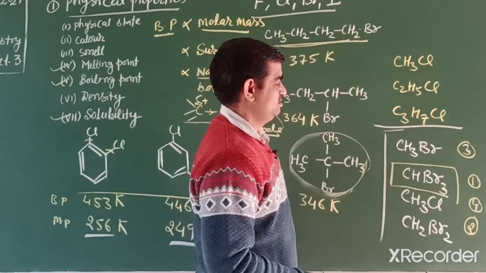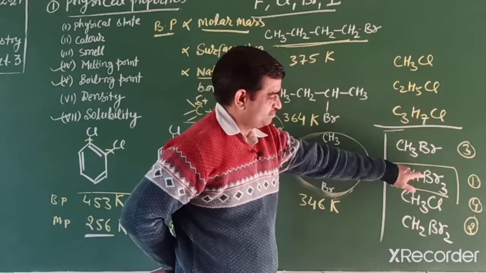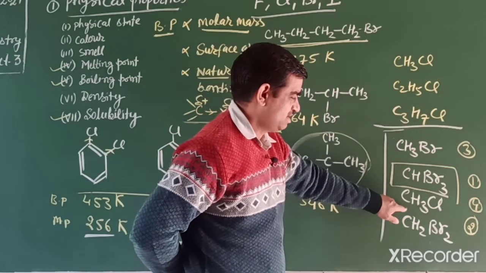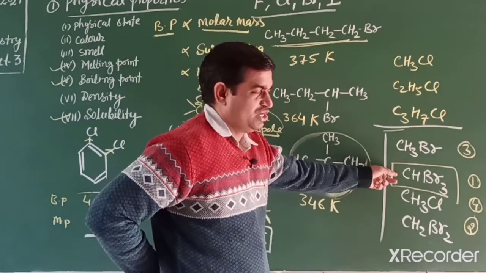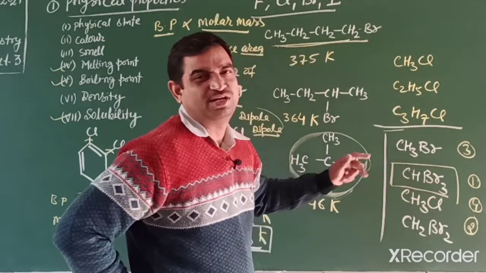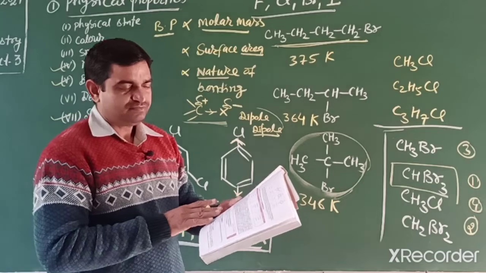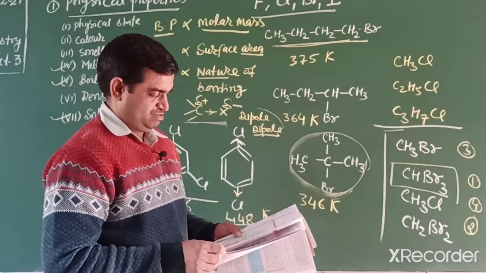So this is the decreasing order. This compound, tribromomethane, is known as bromoform. You can also arrange other sets given in your NCERT book.